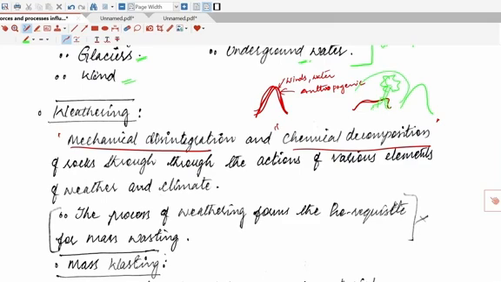So this acts as a chemical, sorry, this is not chemical, this is mechanical, not chemical, this is mechanical. So we'll talk now about chemical. Chemical is, I can say, salts. Rock contains salts or water contains salts, which is affected by temperature.